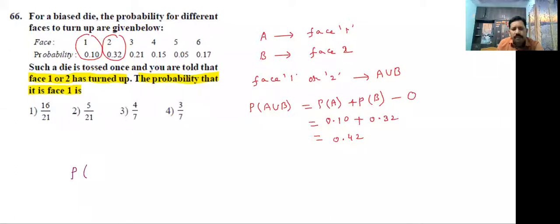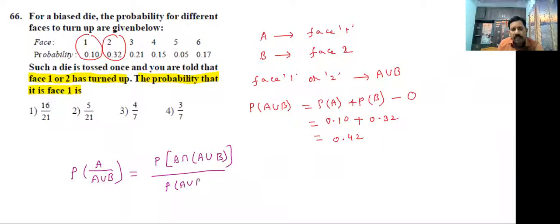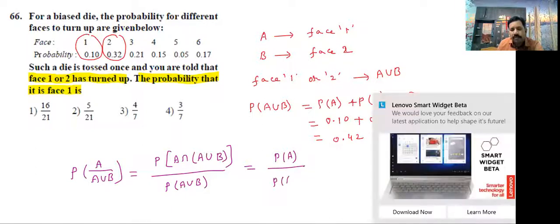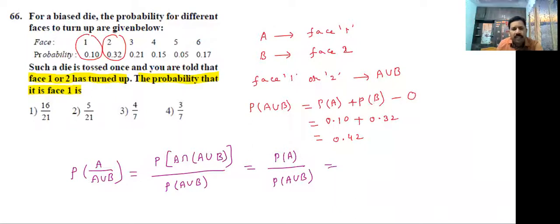But what we need to find? P of A given A union B. So apply the conditional probability theorem: P of A intersection, A union B, divided by P of A union B. In the numerator, observe that A intersection A union B is only P of A. What is P of A? 0.10, face 1 turn up.